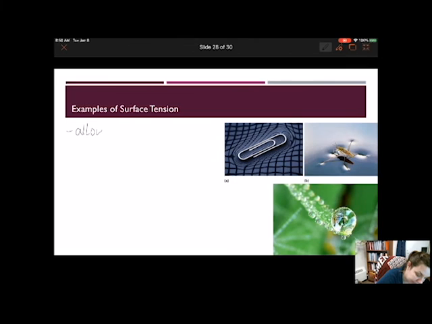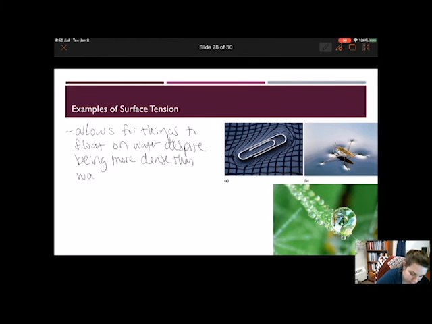So this allows things to float on water despite being more dense than water. And it causes water droplets to form.